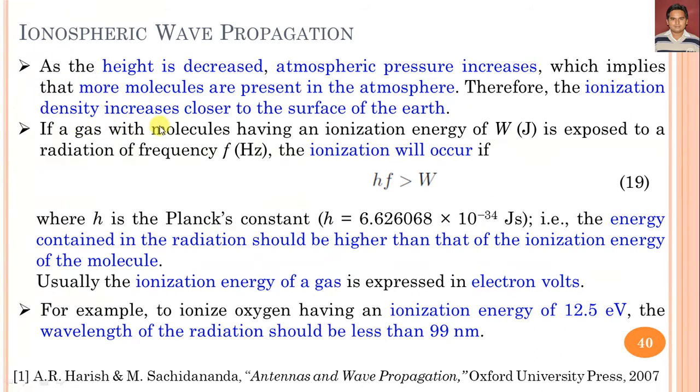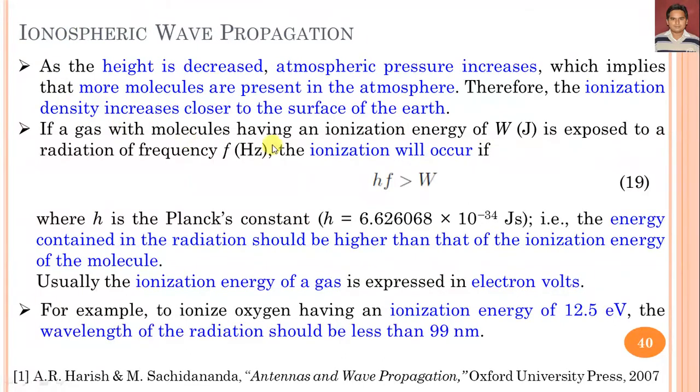Therefore, the ionizing density increases closer to the surface of the earth. After some extent, the ionizing density is reduced very close to the surface of the earth. So we can conclude that the ionizing density is maximum in the middle of the top and bottom ionospheric layers.